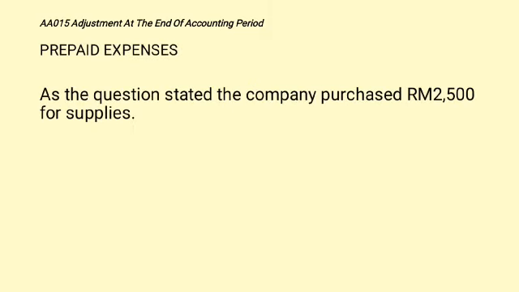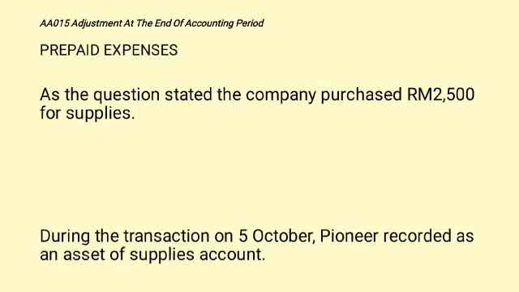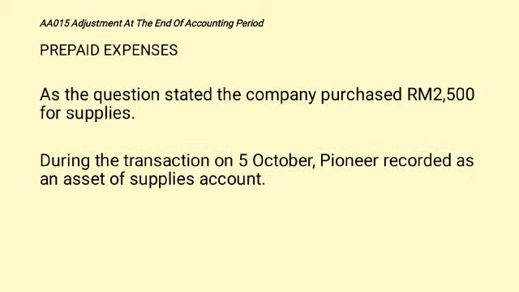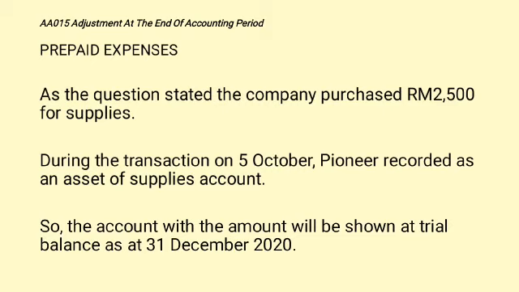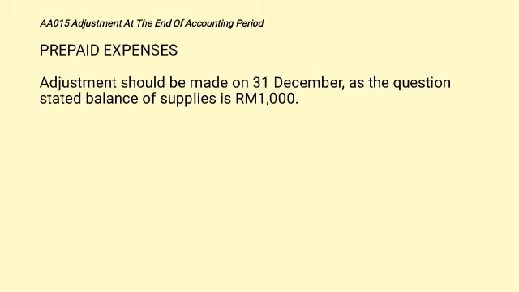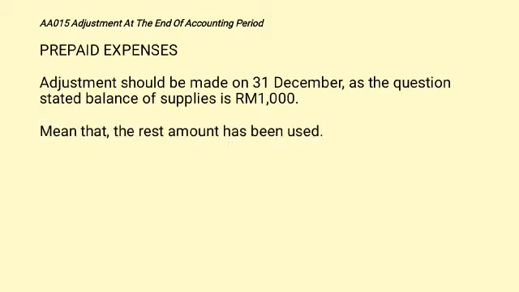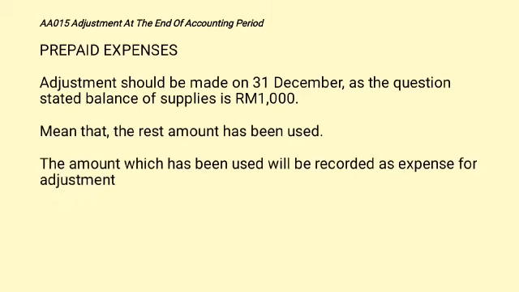As the question stated, the company purchased RM2,500 of supplies. During the transaction on 5th October, Pioneer recorded it as an asset, the supplies account. So, the account with the amount will be shown at the trial balance as at 31st December 2020. Adjustment should be made on 31st December. As the question stated, the balance of supplies is RM1,000, which means the rest has been used.